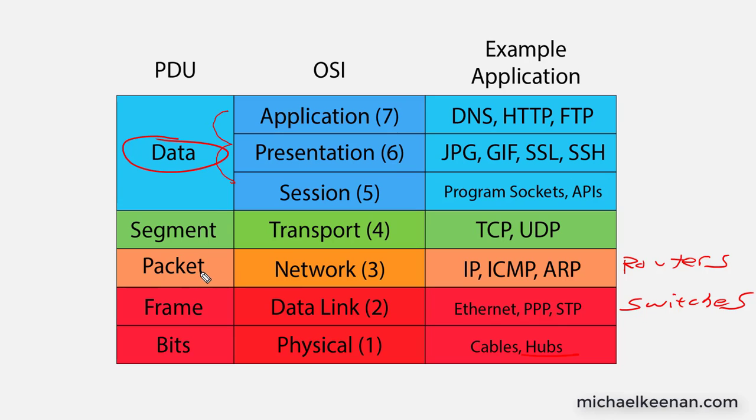So packets, what they're going to do is they're going to package up data sent to it from the transport layer. It's going to put a source and destination IP address on the packet, and then it's going to send it down to the data link layer. And the data link layer, you have frames. So it's going to put a source and destination MAC address on the frame, and then it's going to encode it.